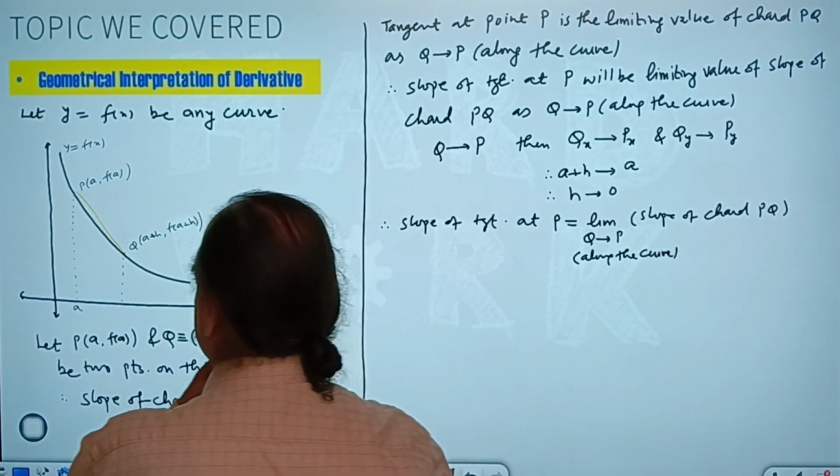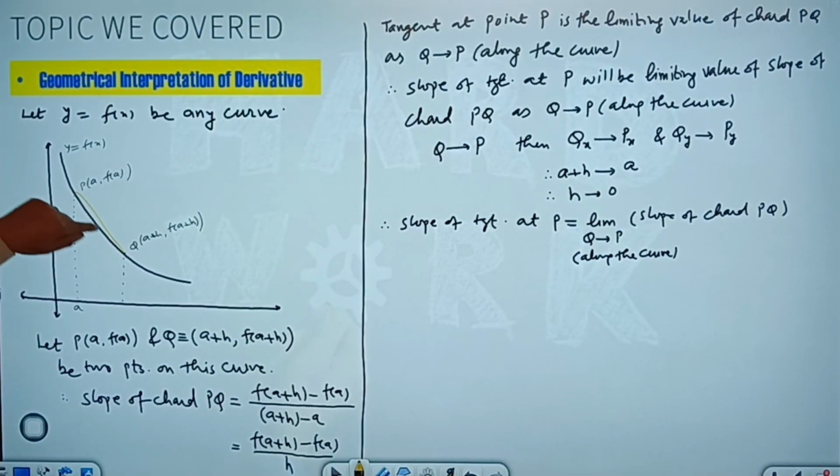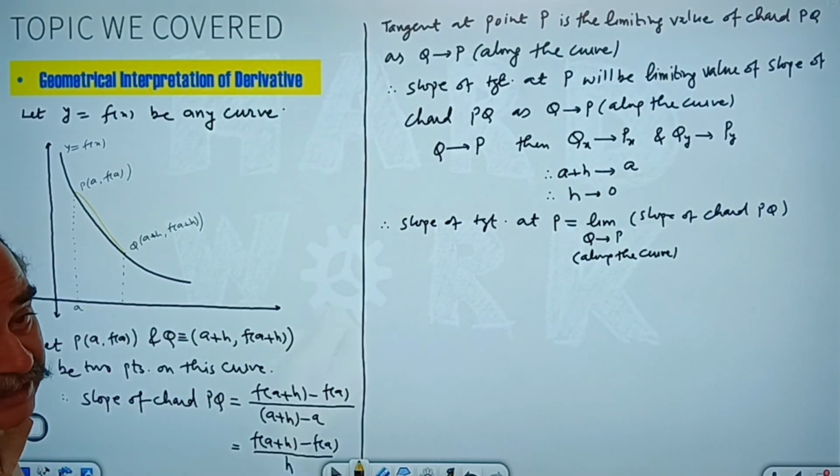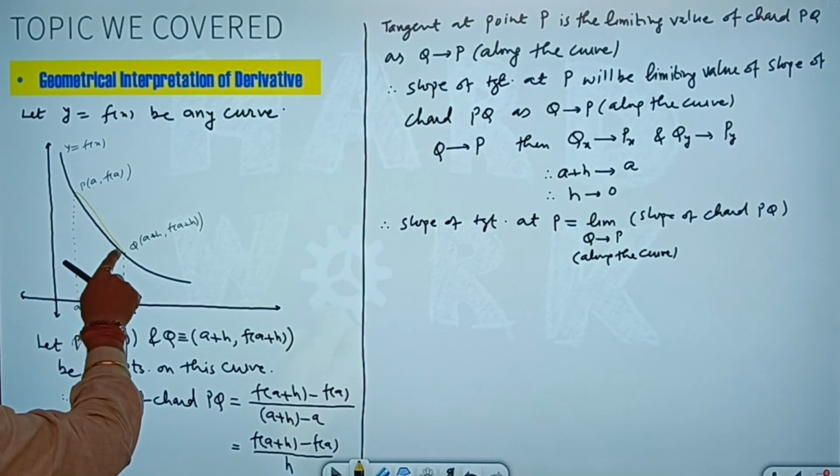See, there are two ways for Q to become P. One is along the chord. When Q approaches P along this chord, then it will be a secant line. To get the tangent line, it should approach P along this curve.